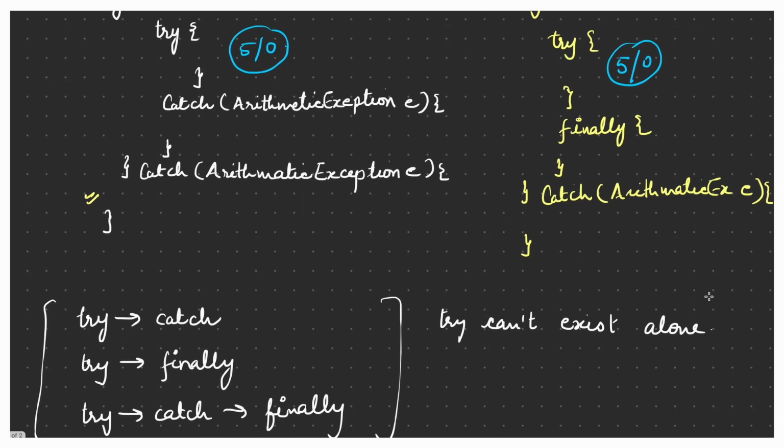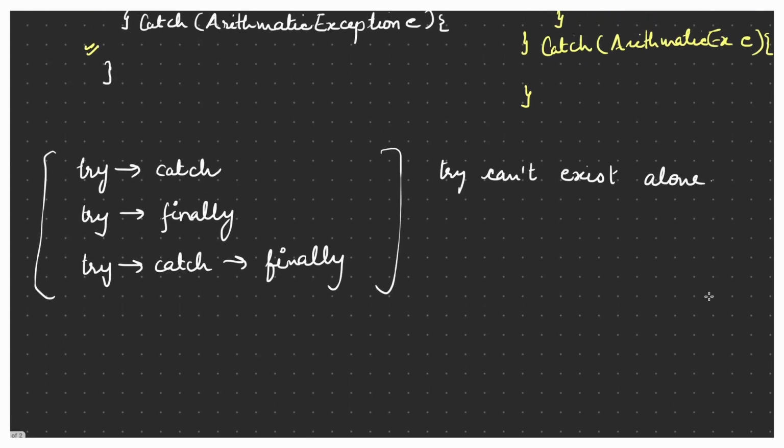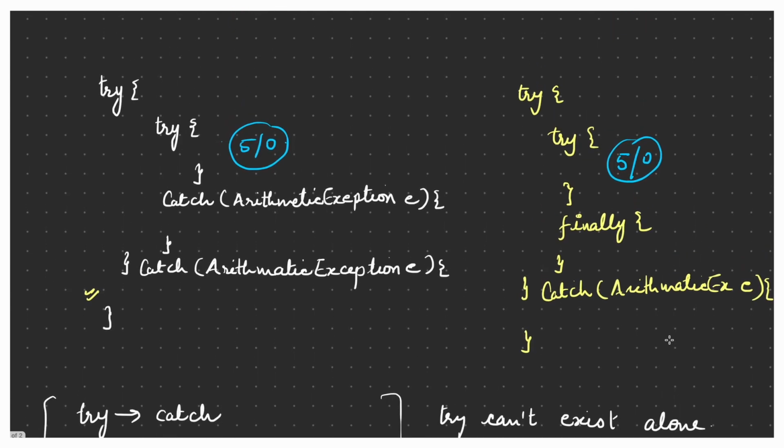So we discussed the format of try catch, nested try catch, and how try, catch and finally blocks can be written inside our program. Just remember, try cannot exist alone. Now I have explained this code to you theoretically.